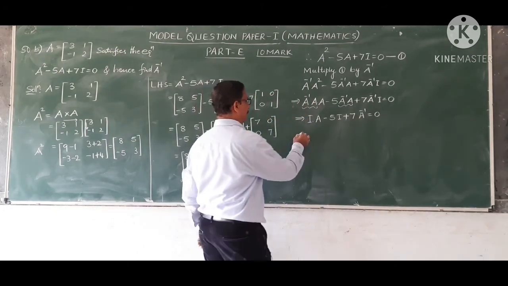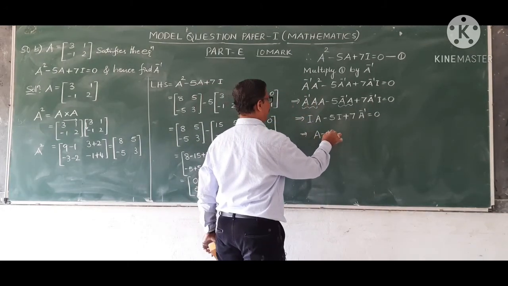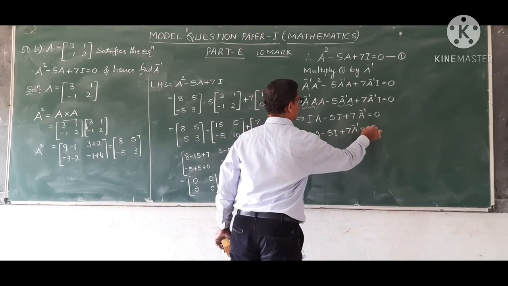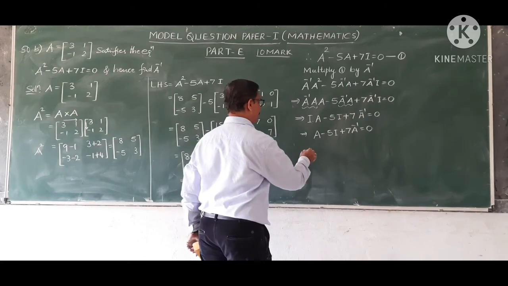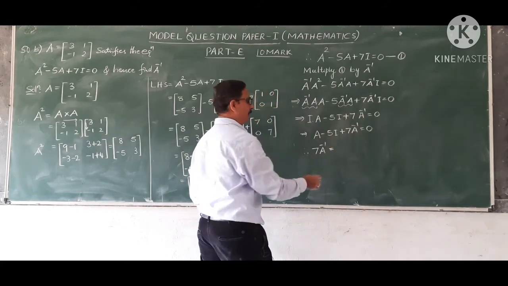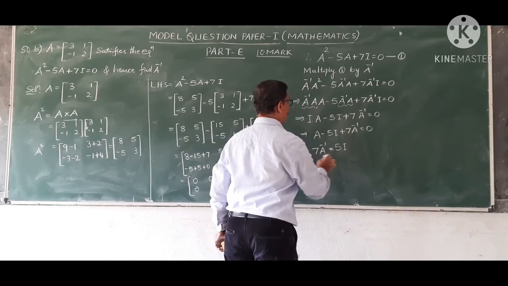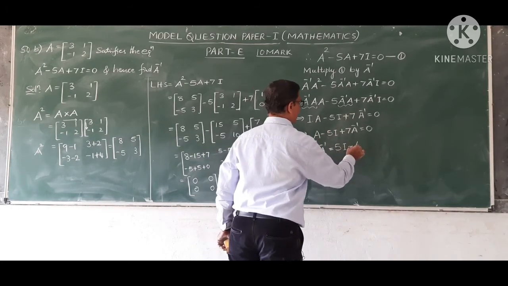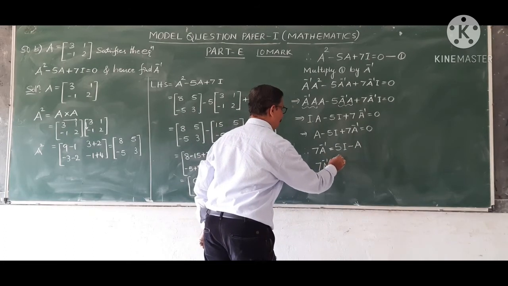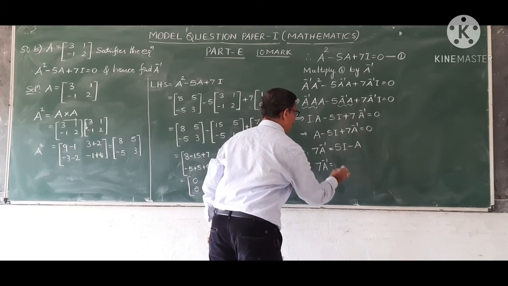Okay, this implies I into A minus 5I plus 7A inverse is equal to 0. Rearrange: 7A inverse is equal to minus 5I goes to the right side plus 5 into I, matrix A goes to the right side minus A. So 7A inverse is equal to 5I minus A.